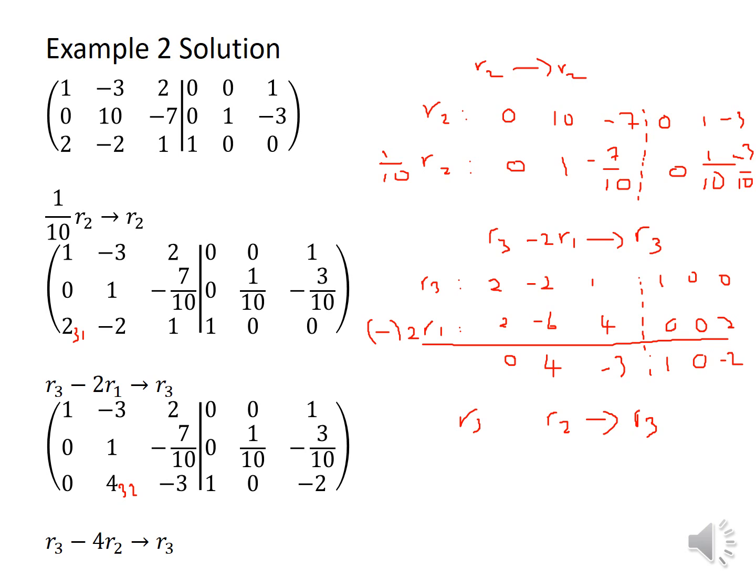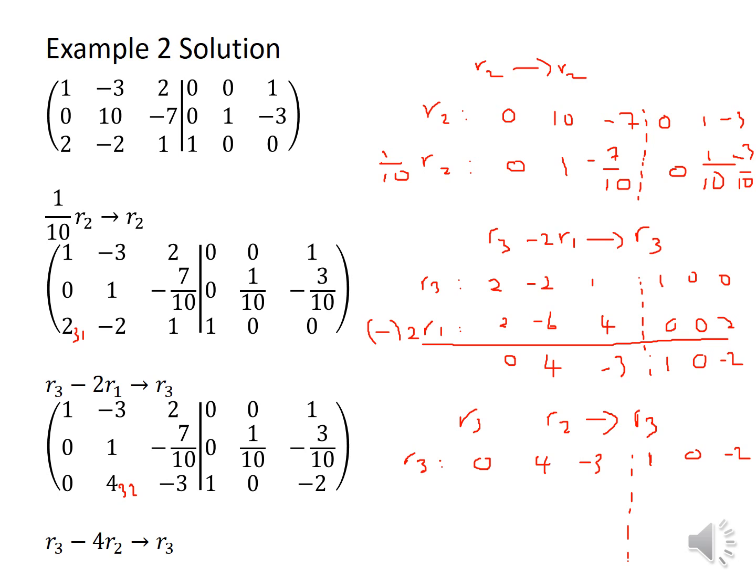The R3 is 0, 4, -3, 1, 0, -2. And the R2 is 0, 1, -7 over 10. But we need to convert this 4 to be 0.